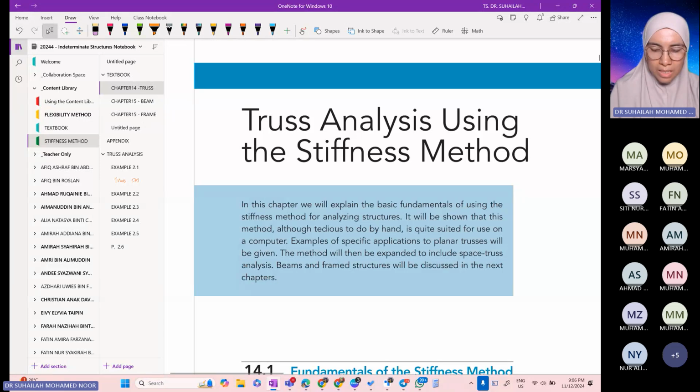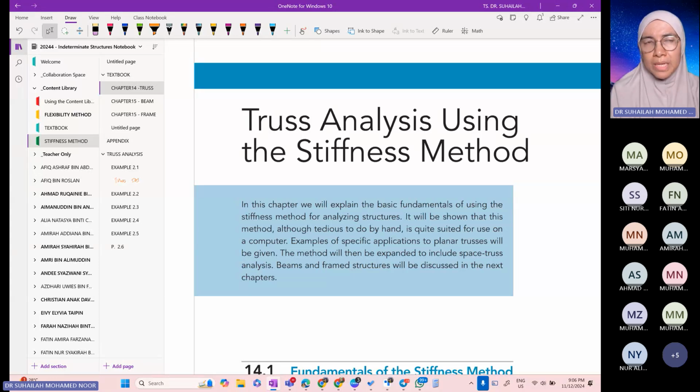Stiffness method is a new topic. Even though this is a new topic, we still deal with the same thing. We will analyze displacement and forces. For the first session, I will use the textbook to explain this topic, especially the new terms.